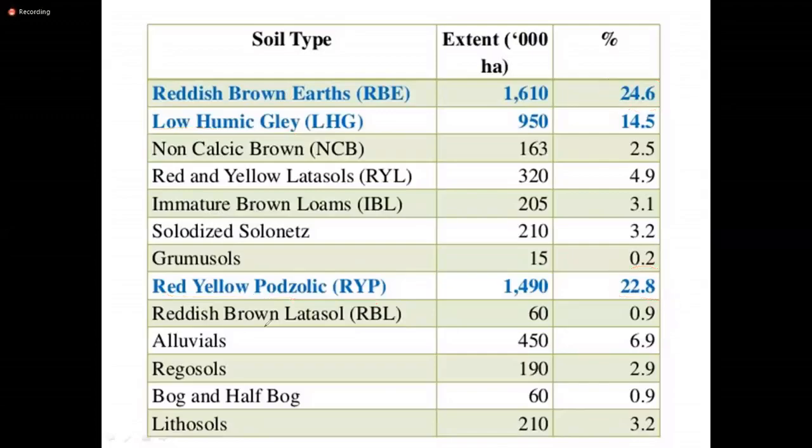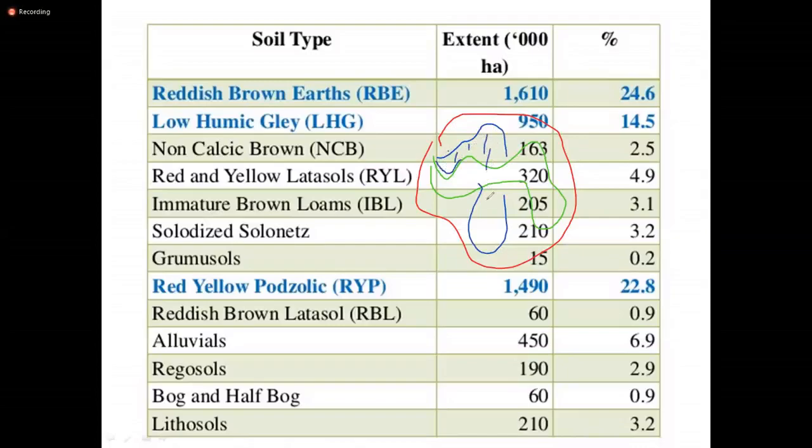There is also a soil series; we say soil type, and also soil series. Soil series means a particular area having a different type of soil series. You can see that a series means a sand type comes across like that, and sometimes the reddish brown earth comes across likewise. That is a series, right?